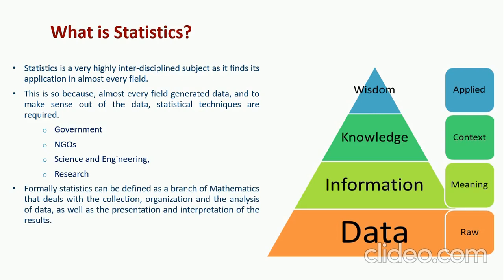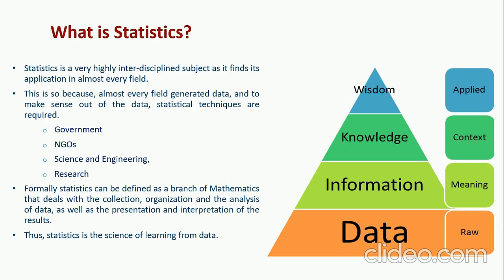Formally, statistics can be defined as a branch of mathematics that deals with the collection, organization, and analysis of data, as well as the presentation and interpretation of the results. In summary, statistics can be defined as the science of learning from data.